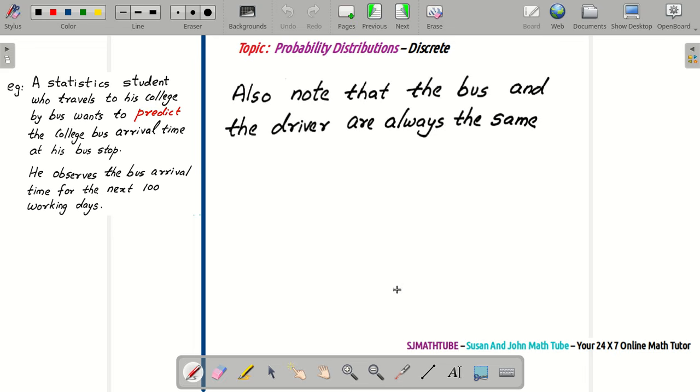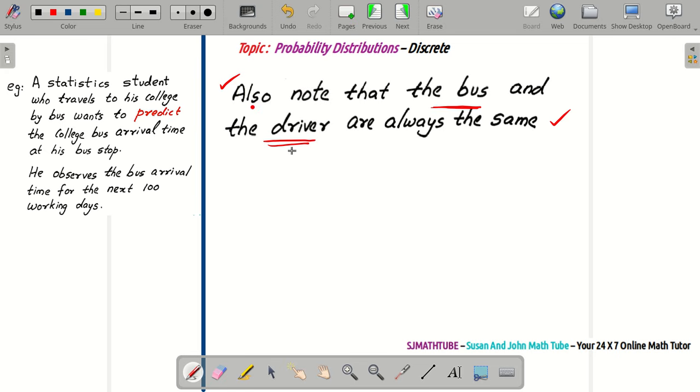Okay, and here are some assumptions. That is, the bus and the driver are always the same. He used these conditions for homogeneity purposes. Because if you have a different bus, maybe a more powerful one or maybe an old one, the time might change.